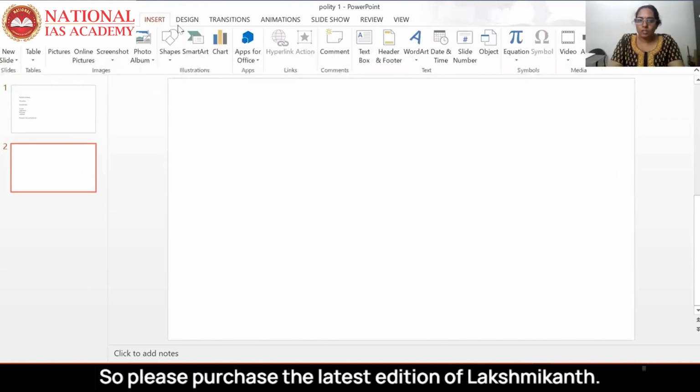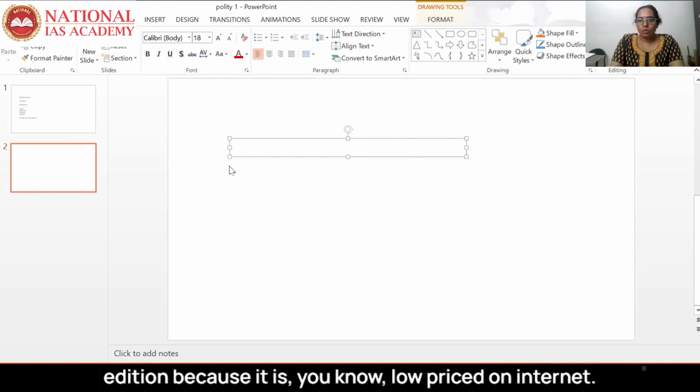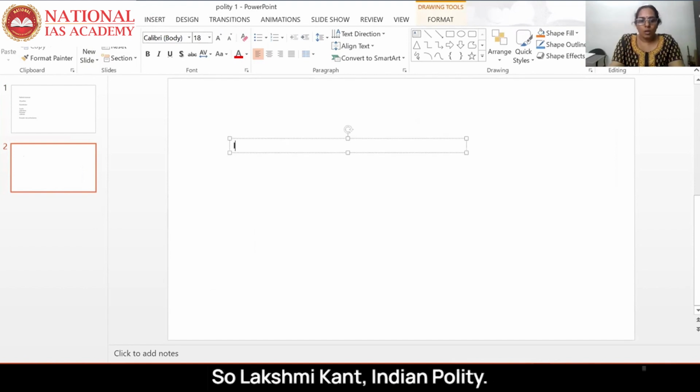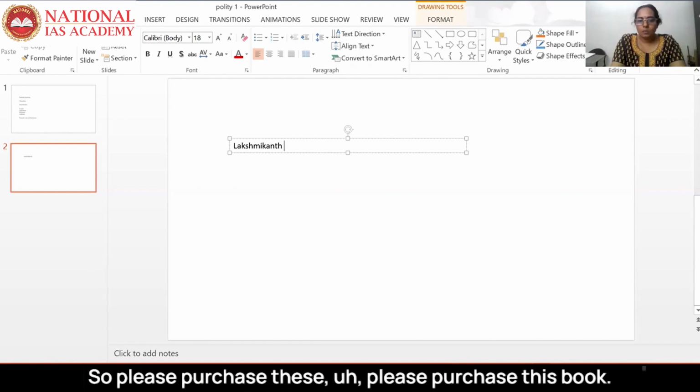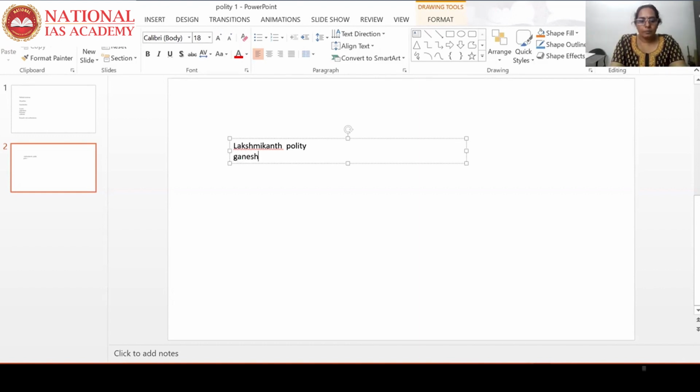So please purchase the latest edition of Lakshmikant. Don't take the old editions or some other edition because it is low priced on the internet. So Lakshmikant, Indian Polity. Please purchase this book. And another book is by Ganesh Subramaniam. It is a mixture of all books.